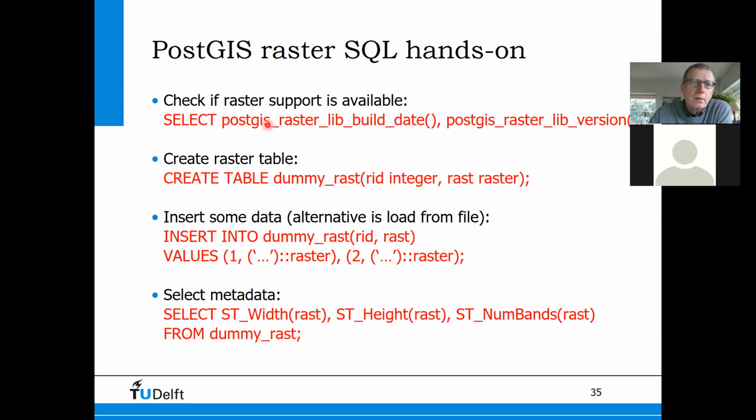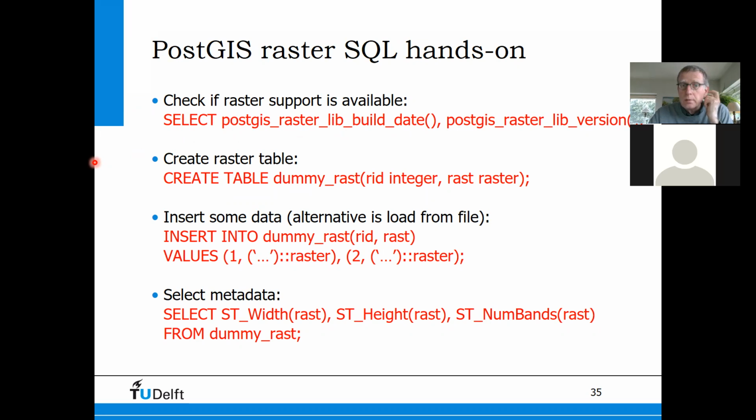Okay, I realize it's a bit abstract. It's all about eating the pudding, so doing the queries in database terminology. And so PostGIS raster is a specific package in the database, and you can check if you have your package being enabled by this query, and also which version you have.